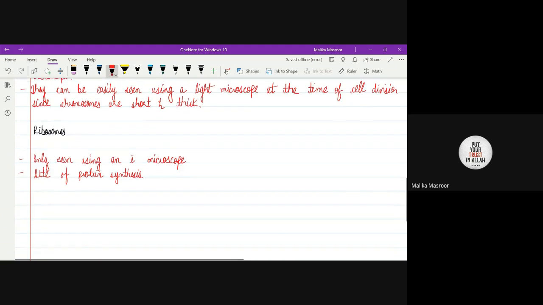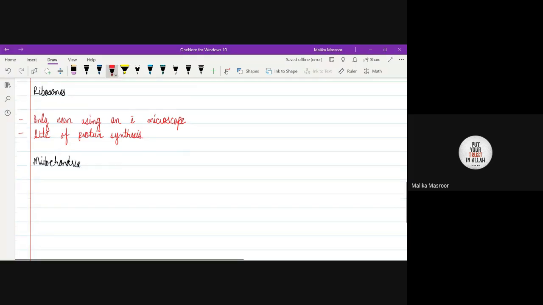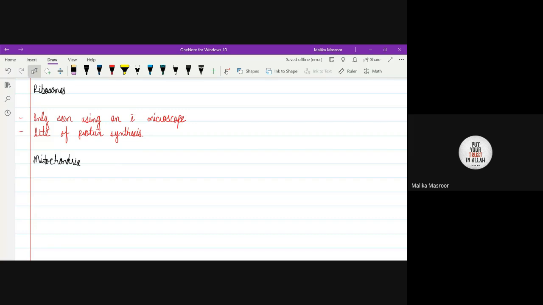Okay, now mitochondria. Mitochondria is the site of aerobic respiration, and this is how energy is released from glucose. The number of mitochondria depends on the activity of the cell. If the cell is very active, there is a large number of mitochondria.